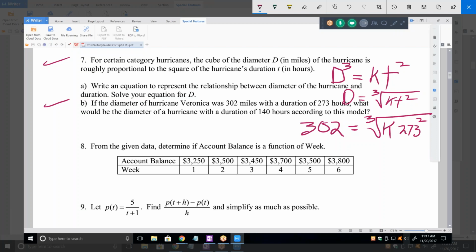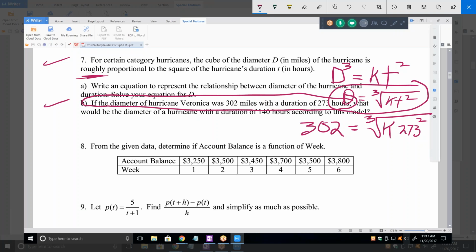Whoops, hold on. This is enough to calculate k. Yeah. Once we've calculated k, then we will have a specific equation for hurricanes. And this equation does kind of apply to all hurricanes, especially since they said roughly proportional.